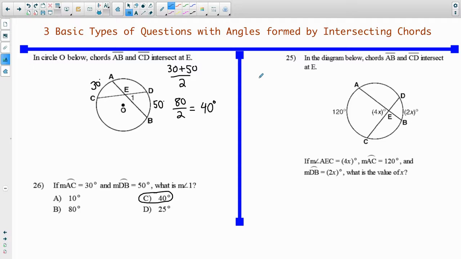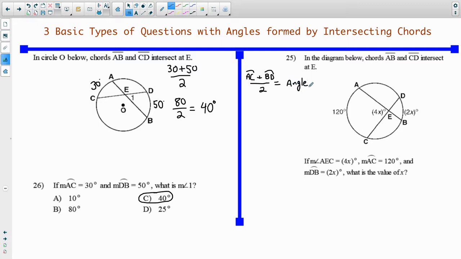I have the two arcs, so I'm just going to take that 120 degrees, the first arc, arc AC, and add it to arc BD and divide it by 2. And whatever that is should be basically my angle that I'm looking for.